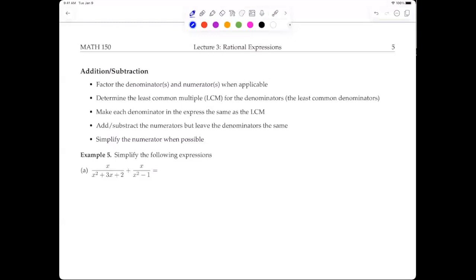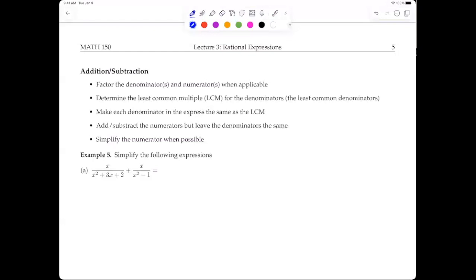The second step is to look at the denominators and find the least common multiple of the denominators, or the least common denominator, LCD. Now you make each denominator in each expression the same as the LCD.